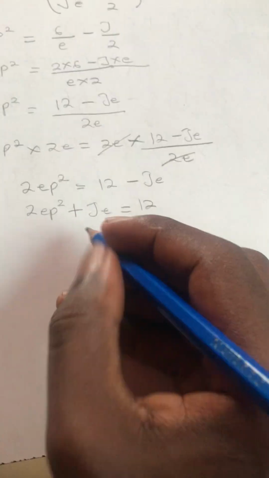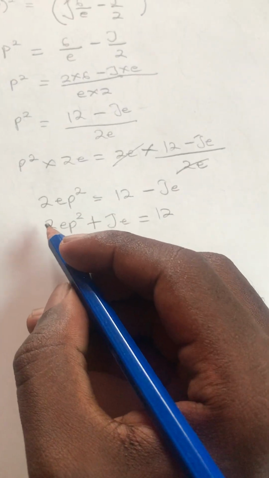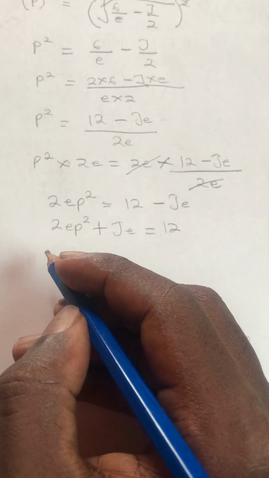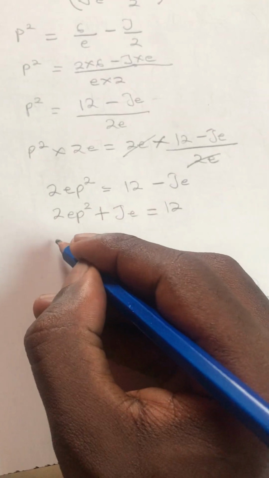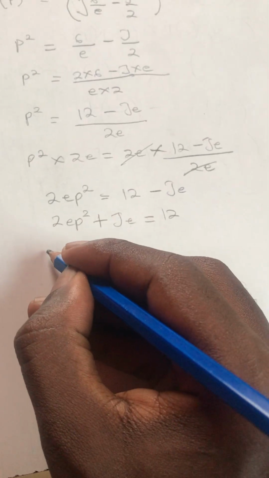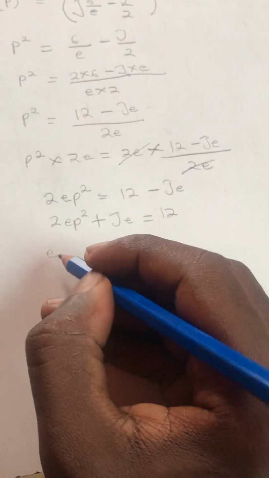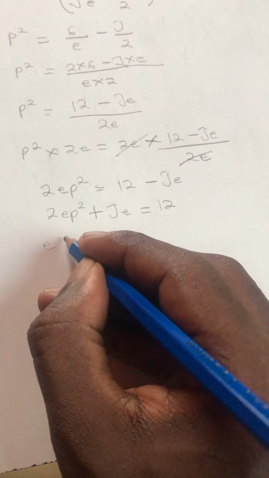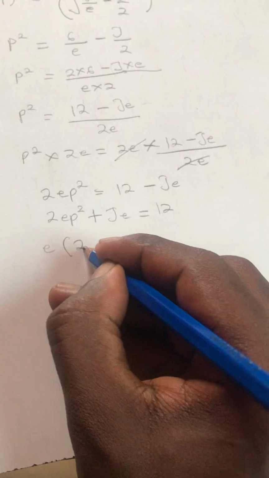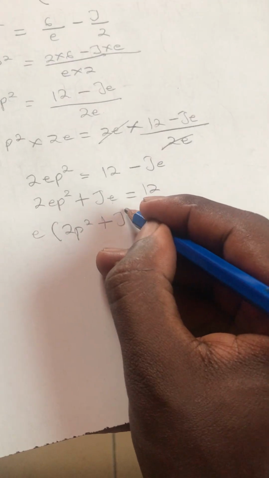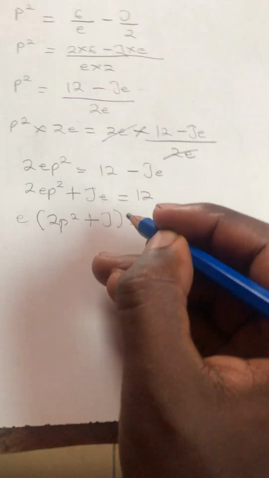So based on the preamble of our question, we are tasked to make E the subject of the relation. So we factor out E. So E is factored out, and we are going to have E times the bracket 2P squared plus J, equals 12.